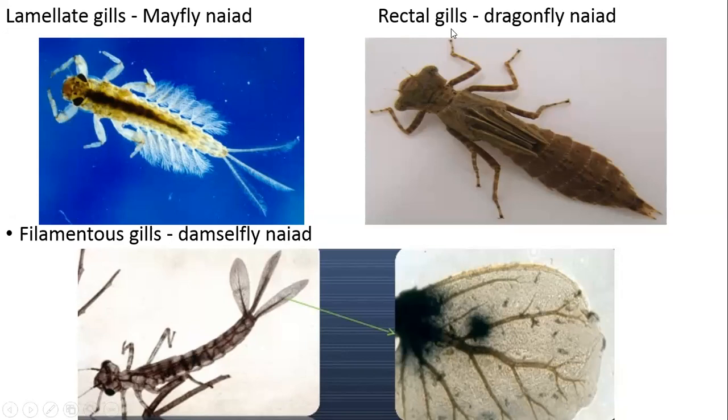Here is the rectal gills present in dragonfly naiad. Here is filamentous gills like this, which are present in damselfly naiads. So dragonfly, damselfly, and mayfly naiads have such types of structures which help in respiration in aquatic mode of life.